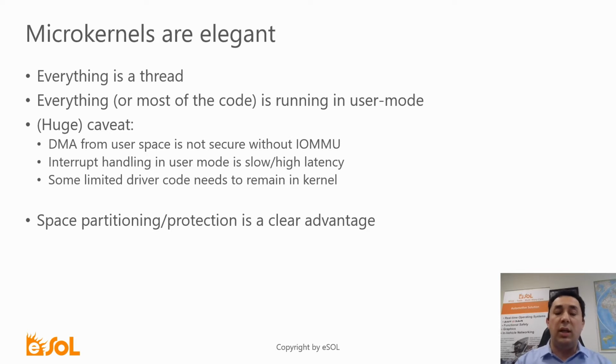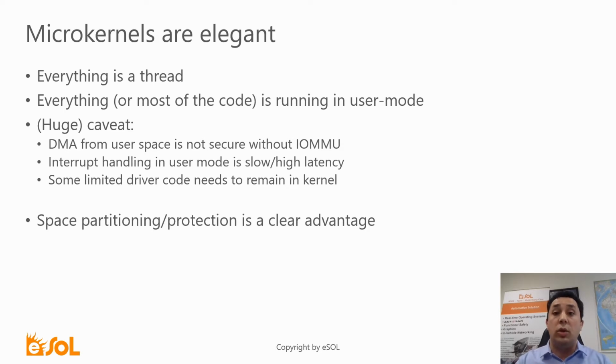Interrupt handling has slightly higher latency because you have to deliver the interrupt event to user mode, and that means the kernel has to send that notification to a thread. So of course, there is at least the context switch to that thread. And to some extent, there is always some level of code that needs to remain in the kernel.